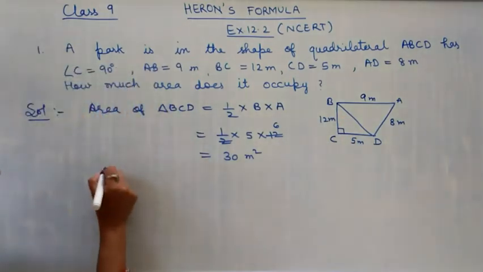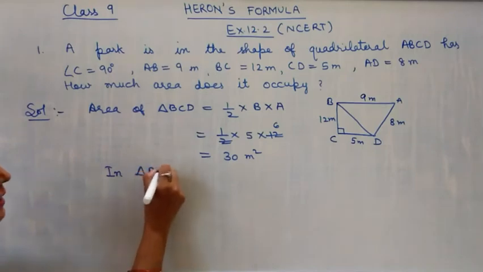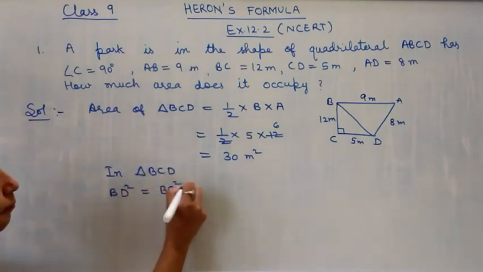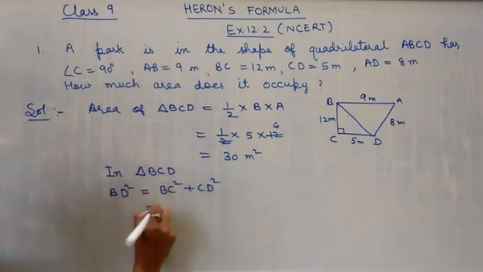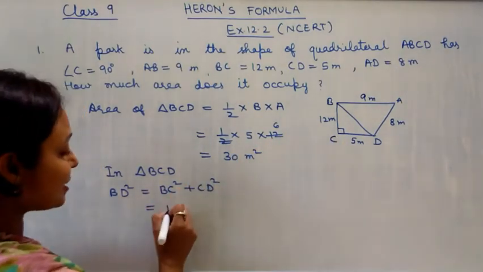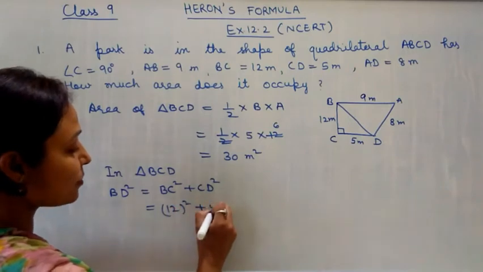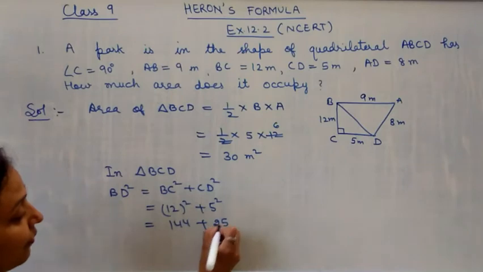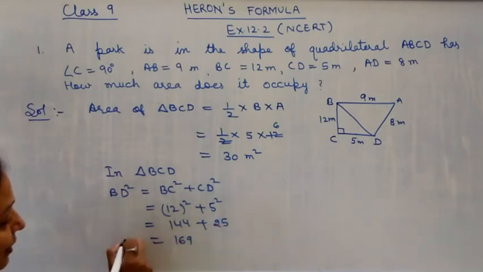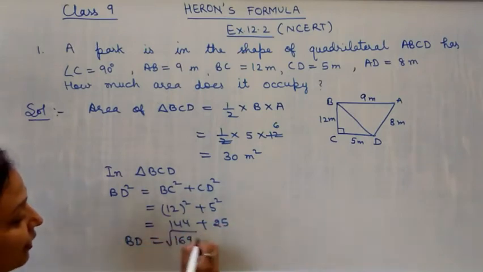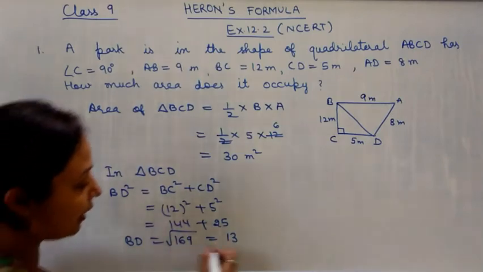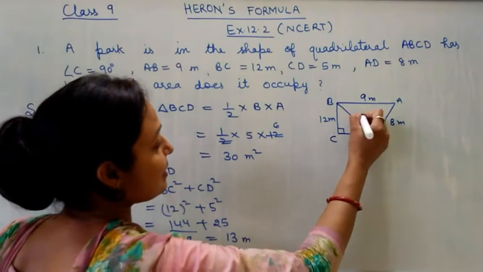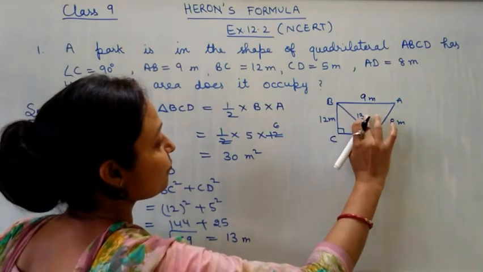In triangle BCD, BD square is equal to BC square plus CD square, that is 12 square plus 5 square, that is 144 plus 25, that is 169. BD is the square root, that is 13 meter.